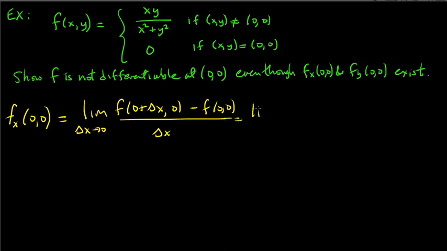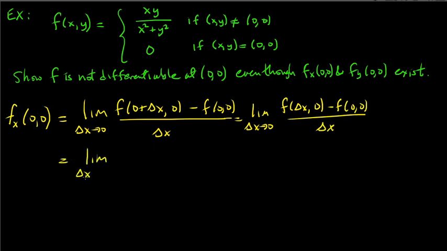Right. So in this case, I don't think this is that difficult because you're just changing x to delta x, and you're leaving y as 0. So what do we get? Well, we get delta x times 0 divided by delta x squared, minus f of (0, 0), which is 0, divided by delta x.